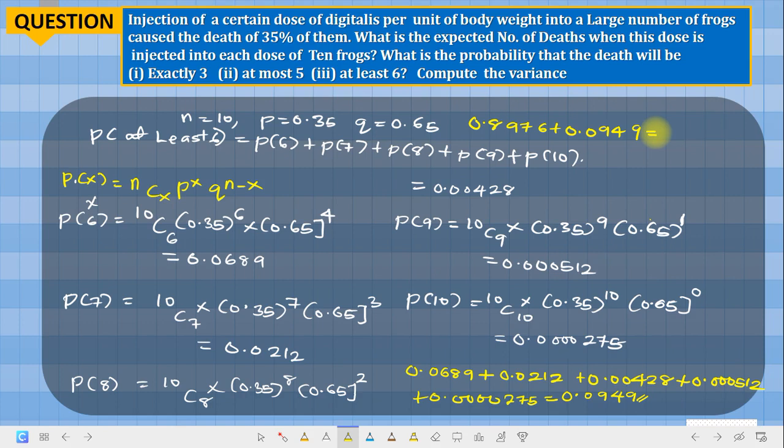When you compute 0.897 plus 0.0949, it's going to give us 0.9919, which is approximately 1.